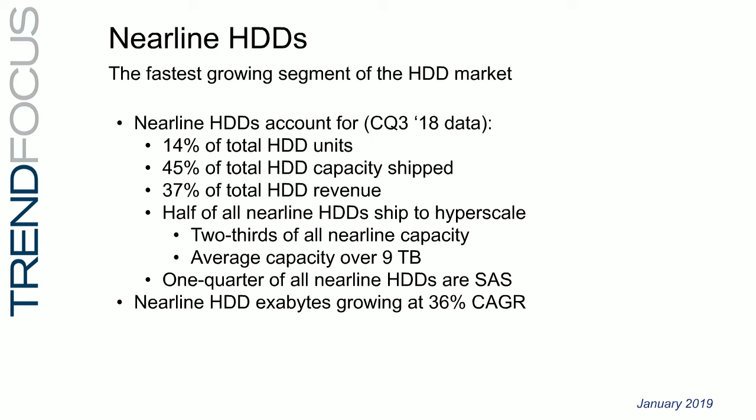Now that can vary from year to year, just depending on the scale and the degree of cloud expansion in any given year. For instance, in 2018, we estimate that nearline exabytes grew over 50%. The prior year was somewhere closer to 25%. Most years are in that 30 to 40% range. So on average, it's been growing at about 36% compound annual growth.